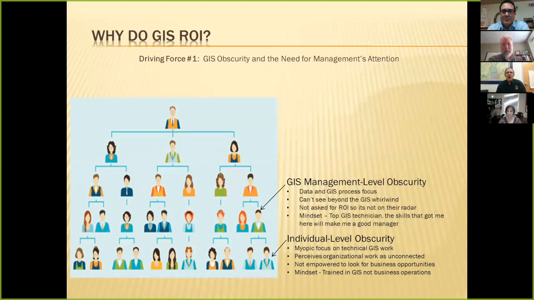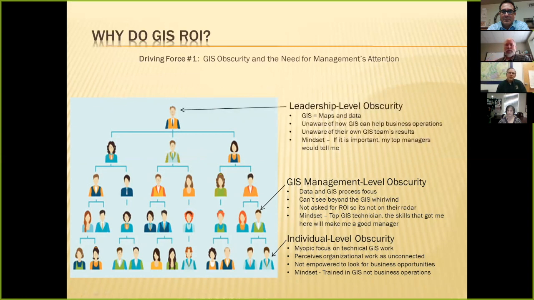So one level higher in the organization finds the GIS manager and the hectic pace of just keeping up with urgent things, playing the part of the top GIS advisor and keeping the GIS data current. So customers may get served, but there might be little attention paid to the organizational impact of GIS solutions.